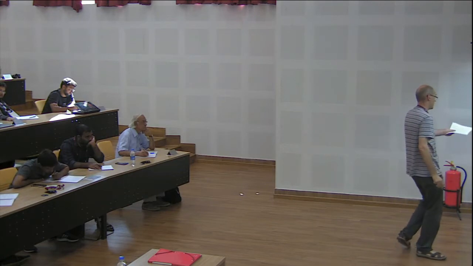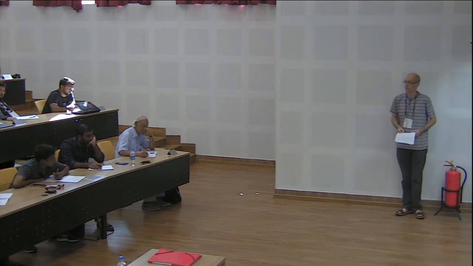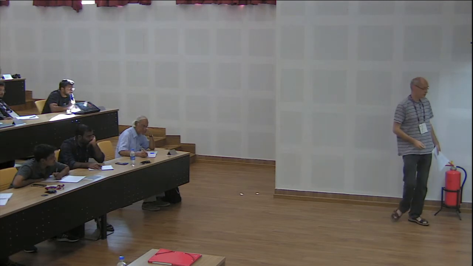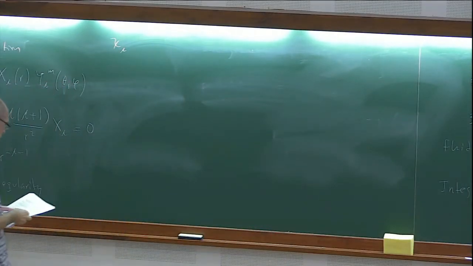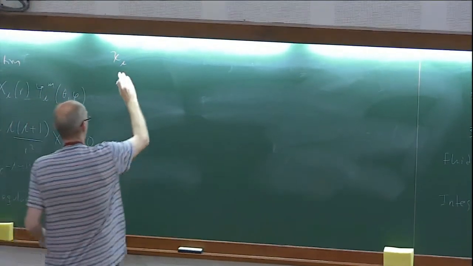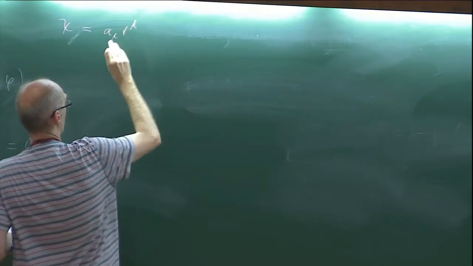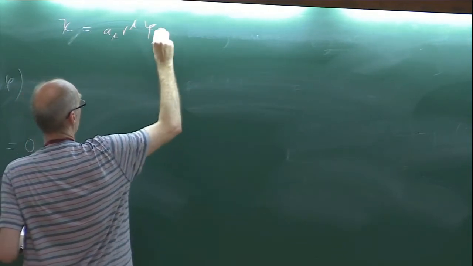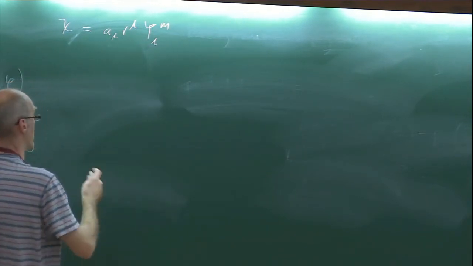Now we know that each of our functions has to look like this, right? So we just say, okay, I know this. I know now that chi has some radial component, let's call it chi_l, or all of chi, is something that just looks like, for each harmonic, some coefficient A_l and then a Y_lm. So I'm just assuming now that I don't need to sum, and as it turns out, I don't in this case, they all decouple.